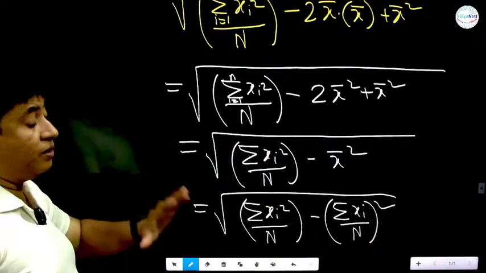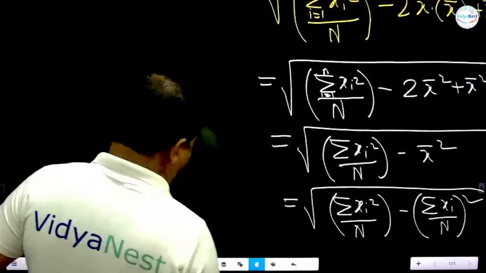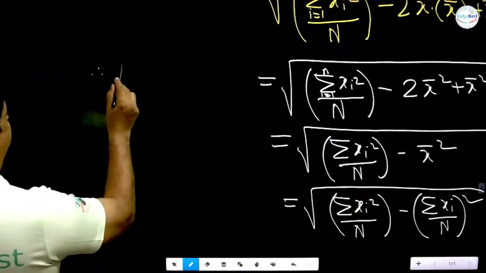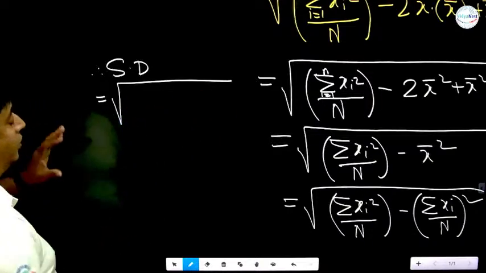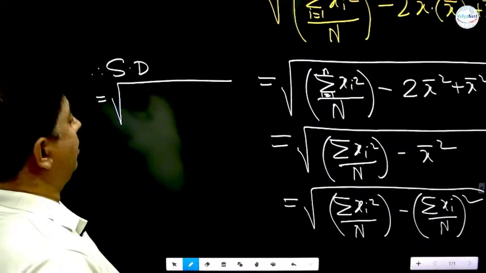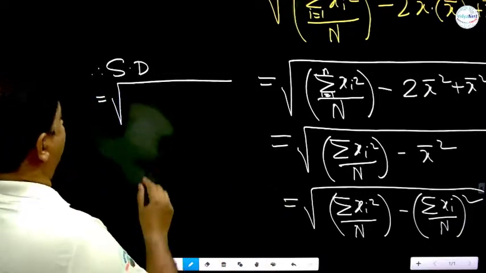So what conclusion can I draw? I can draw this conclusion. Therefore, standard deviation has two expressions. You can opt for any one according to the requirement of the sum.